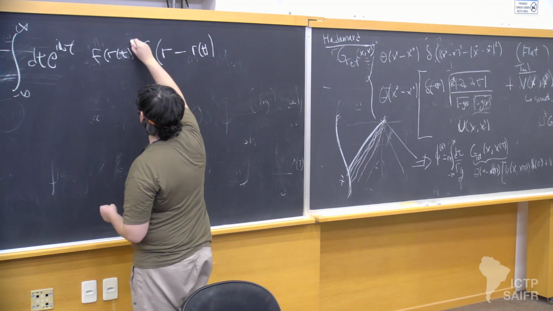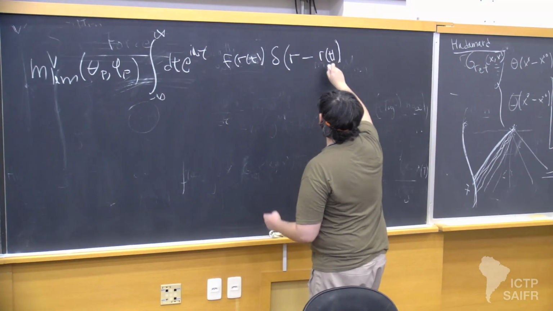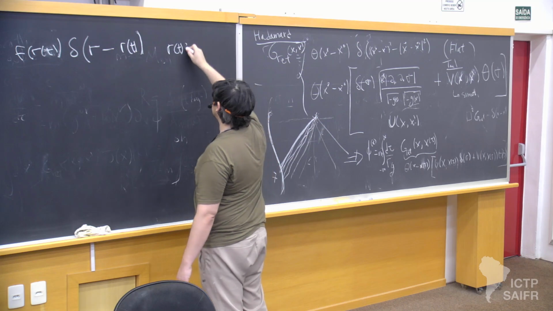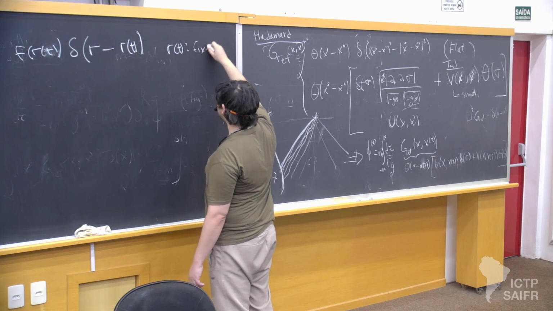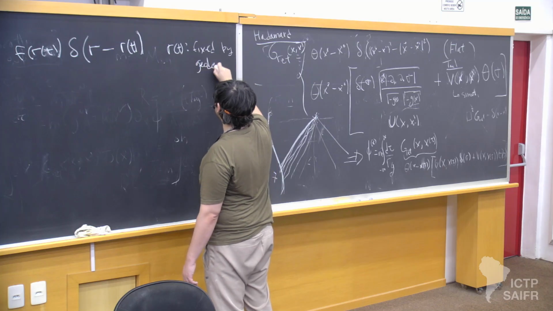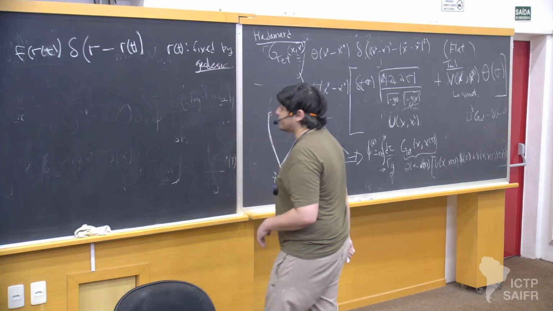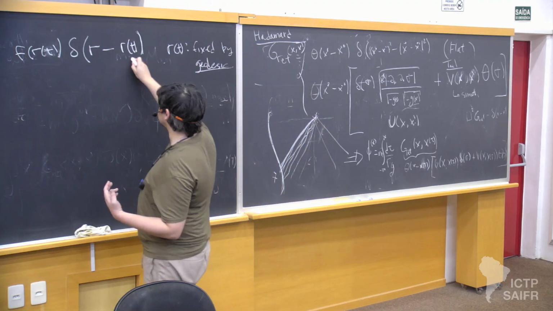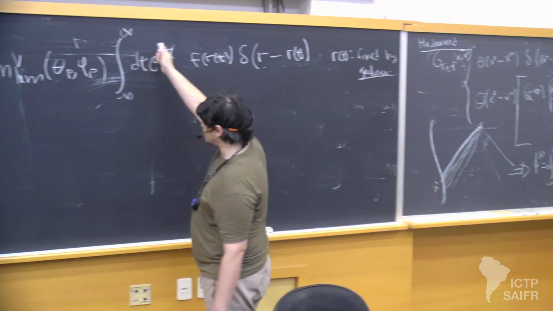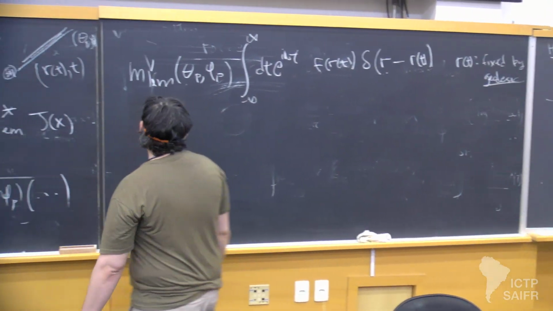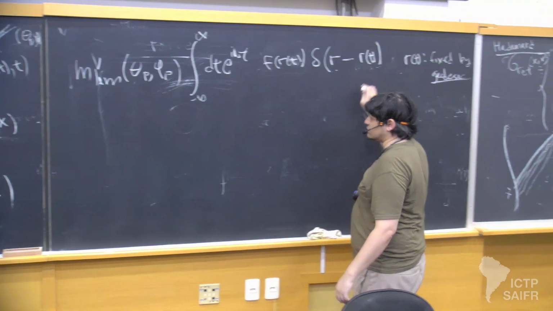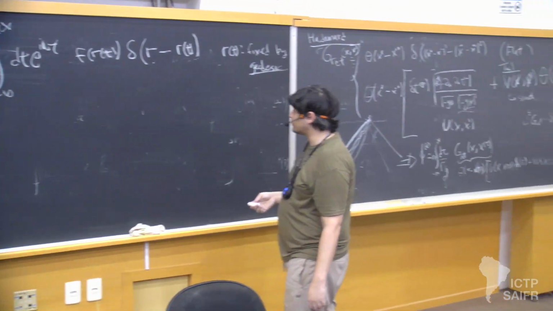So this r(t) is fixed by the geodesic equation. All we have to do is write it explicitly and then find the zero of this function, so that at the end this is going to be a Jacobian. We can fix t from this delta function.